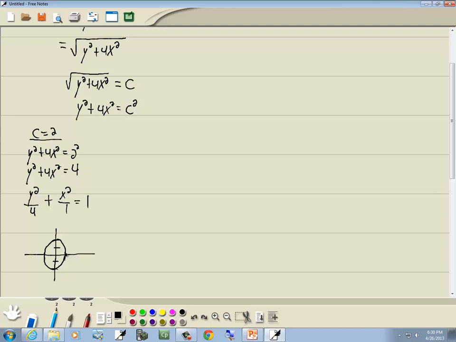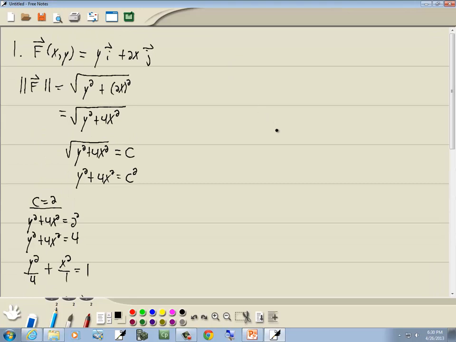Which means I could plug in, this would be a good representative point, 1, 0. This one would be 0, 2. And this one would be negative 1, 0. And then this one down here would be 0, negative 2. Okay. So if I come over here, this is for c is equal to 2.